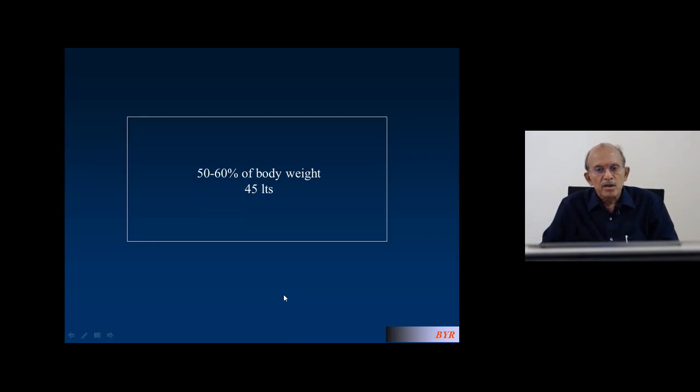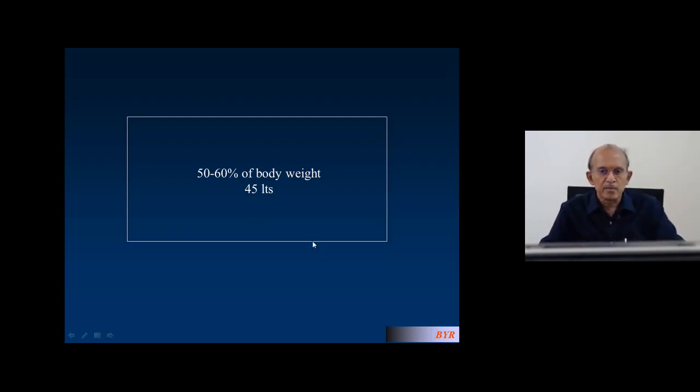Then it moves from the extracellular fluid into the cells and moves out of the cells. So there are three compartments in the body. Mainly there is the extracellular and intracellular compartment: within the cell, outside the cell.